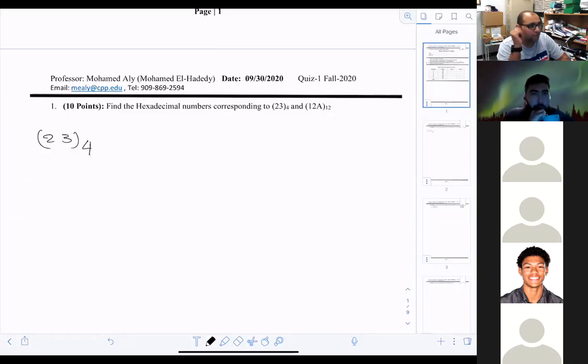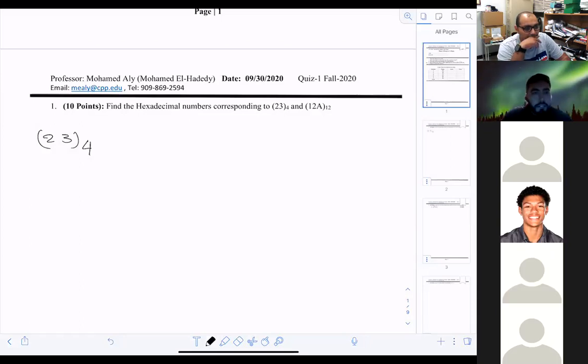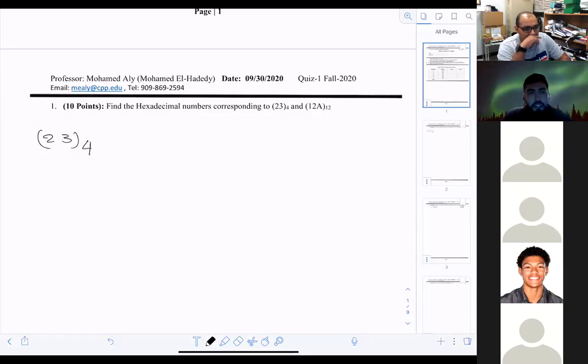Jeremy, can you tell me what I should do with this? Since this is in base 4, I set it up so that it went to decimal.